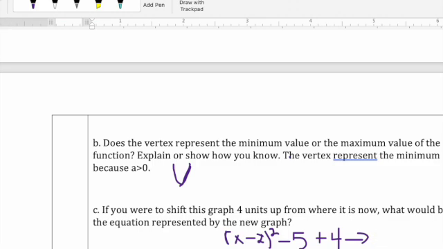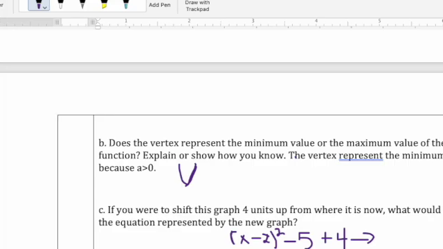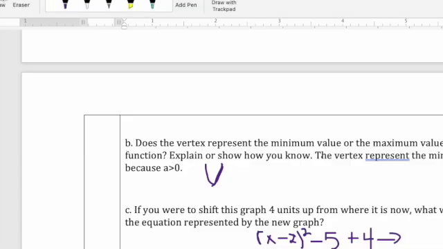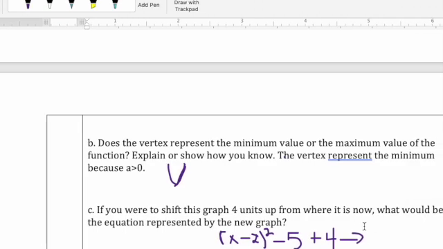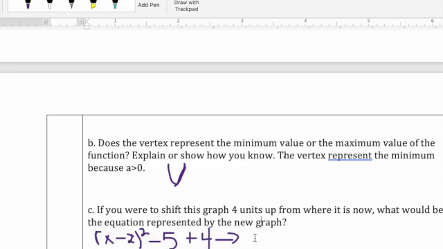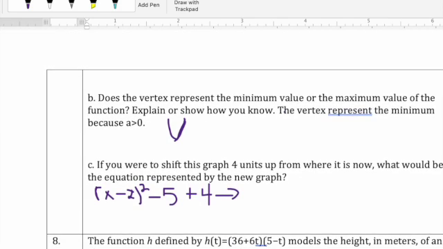Just write it. It's easier for me. Sorry. Okay. (x minus 2) squared, right?